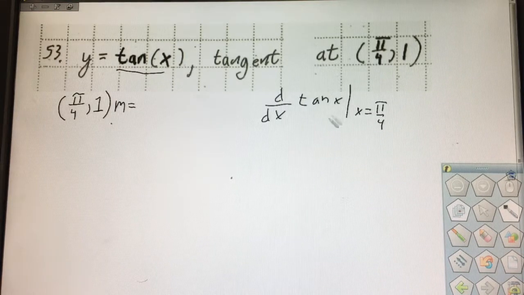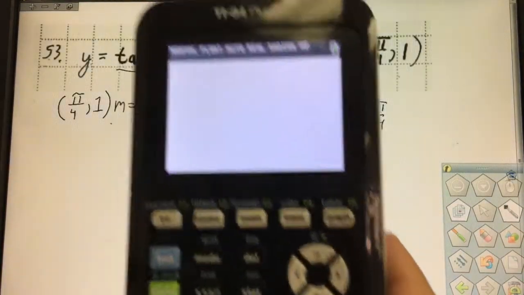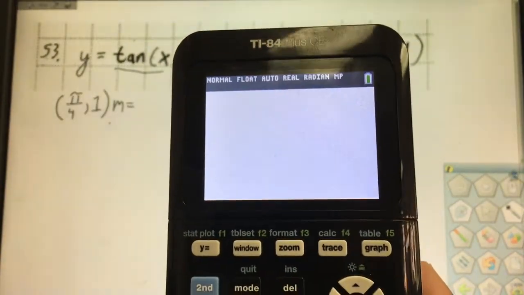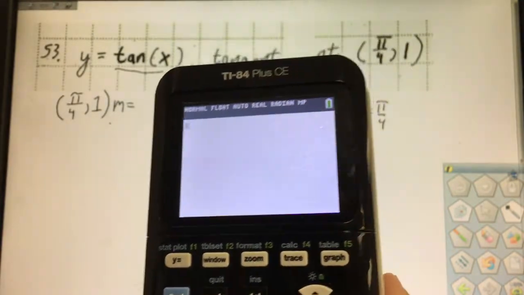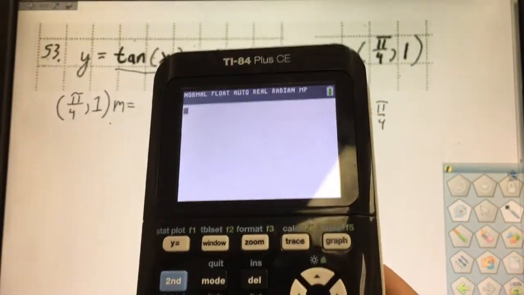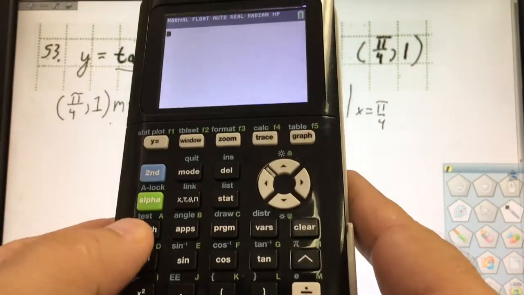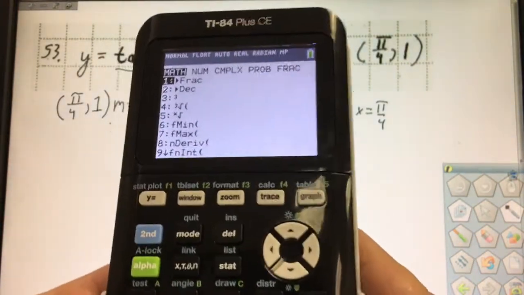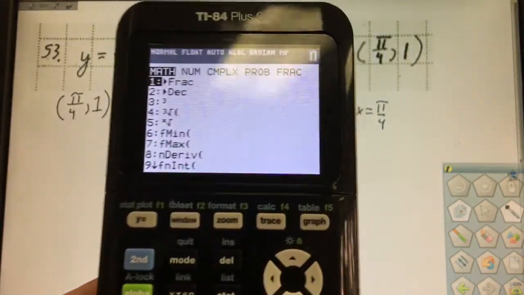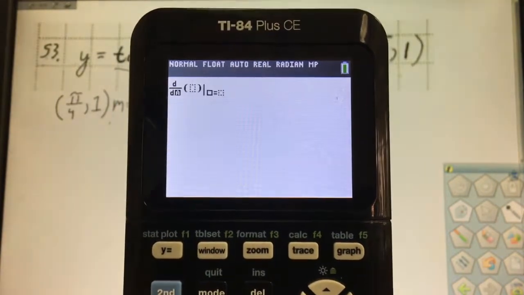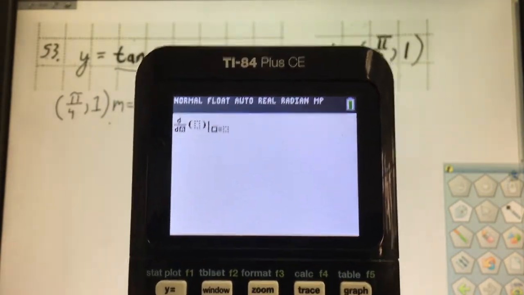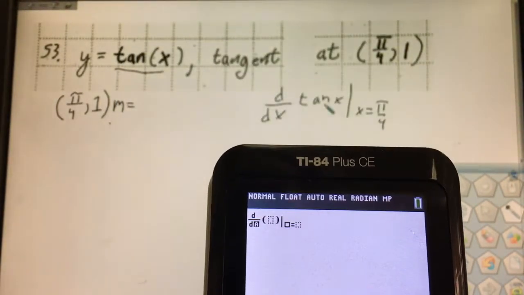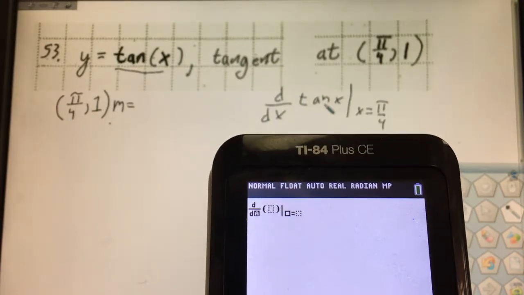Now there's a couple of ways to evaluate the derivative of tangent, and one of them is using a scientific calculator. Here's the deal. If you hit math 8, it will take the derivative, and it gives it to me in the same format that I have written down there.